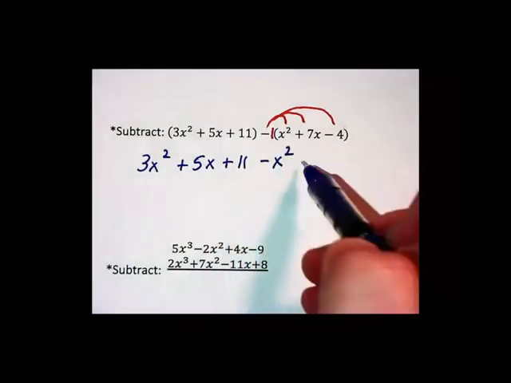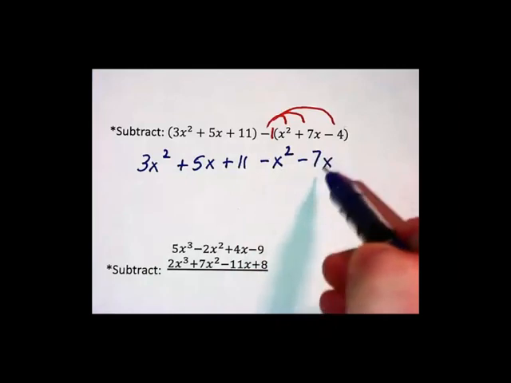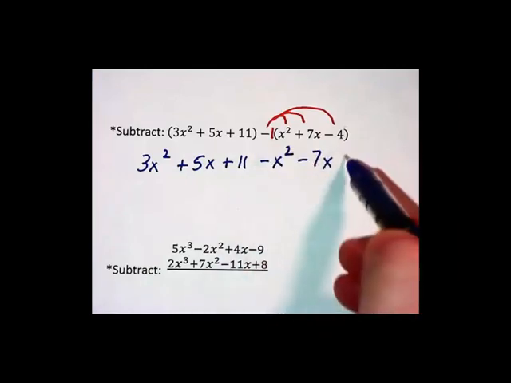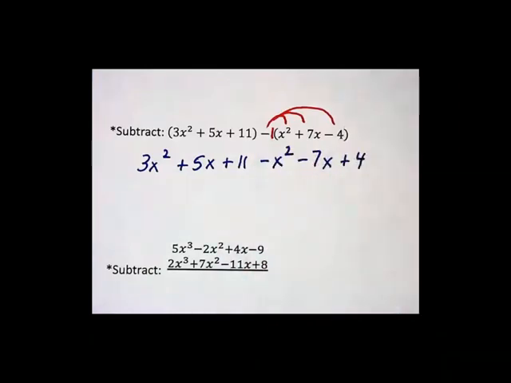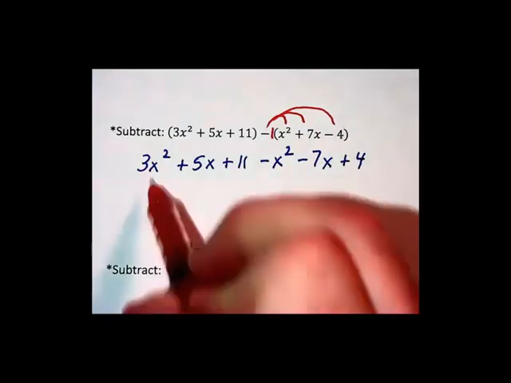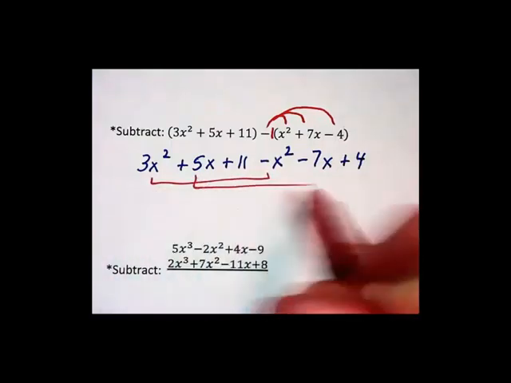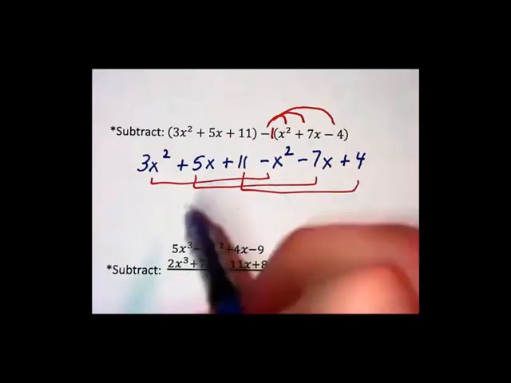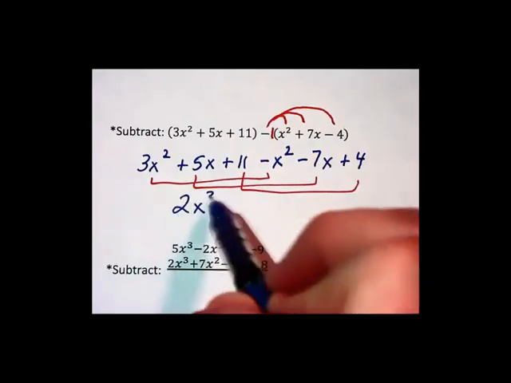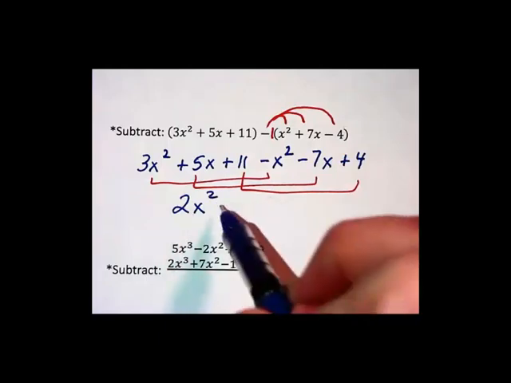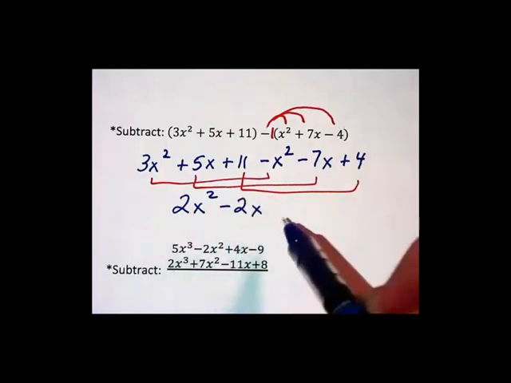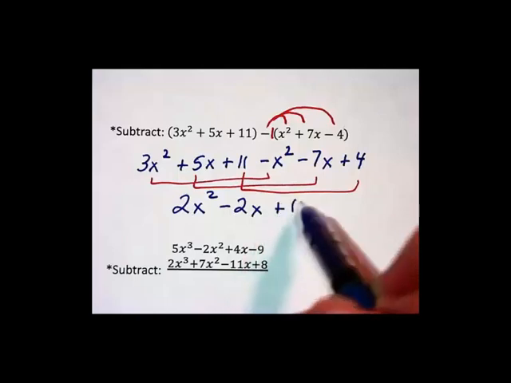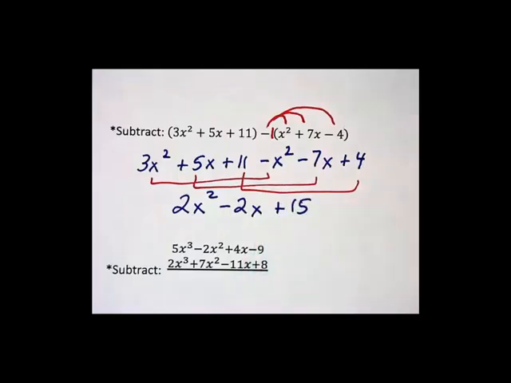Negative times positive makes minus 7x. And then negative times negative makes positive 4. Then we combine like terms with what is left here. With the x squared terms, 3 minus 1 makes 2, so 2x squared. 5 minus 7 makes minus 2x. And 11 plus 4 makes plus 15. And that would be our answer because nothing else can be combined together.